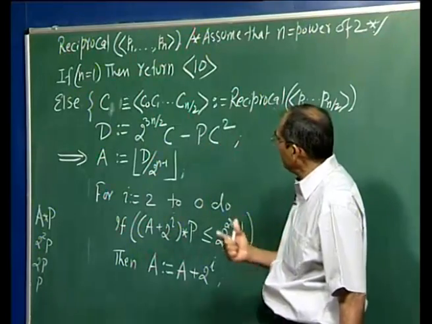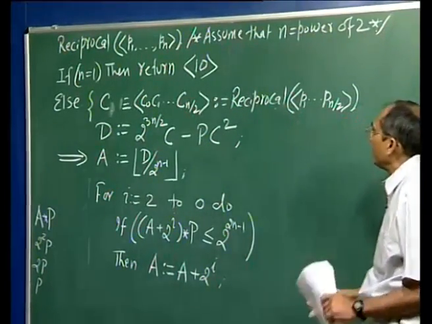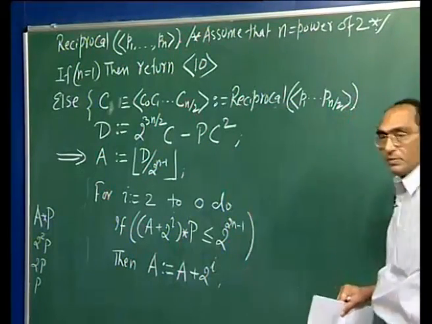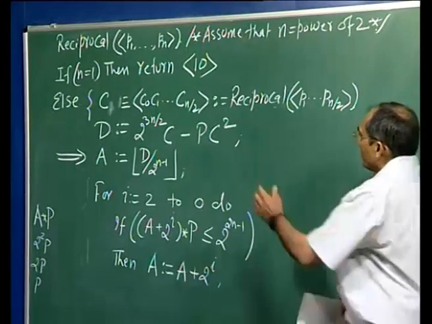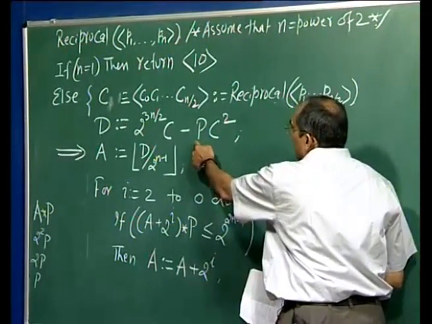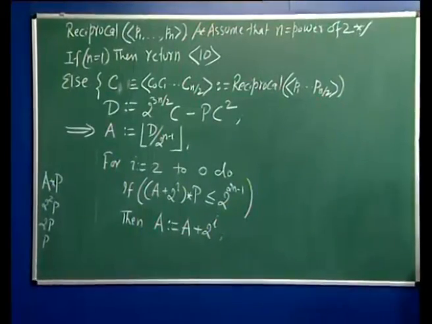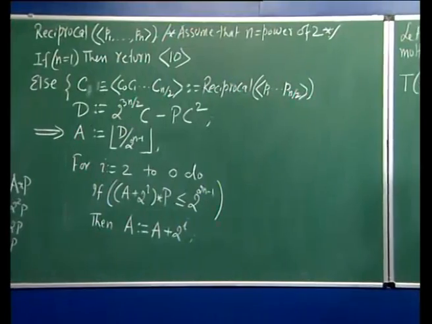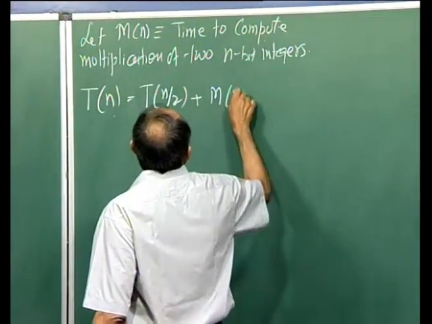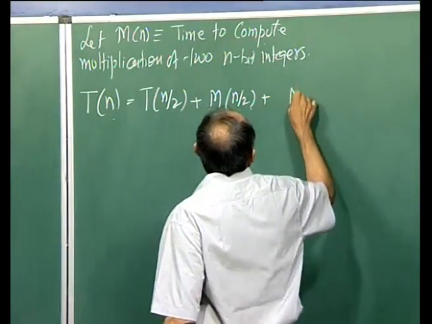This one though, this is multiplication of two n by 2 bit numbers to get c square, and then two n bit numbers, because this is an n bit and this would be an n bit number. So this requires M of n by 2 plus M of n.